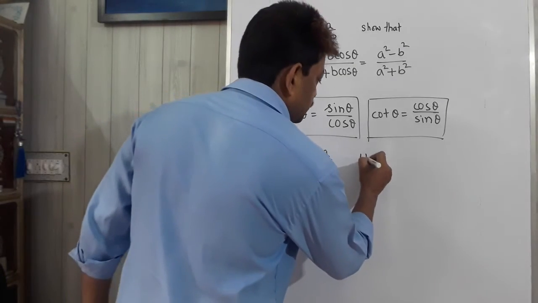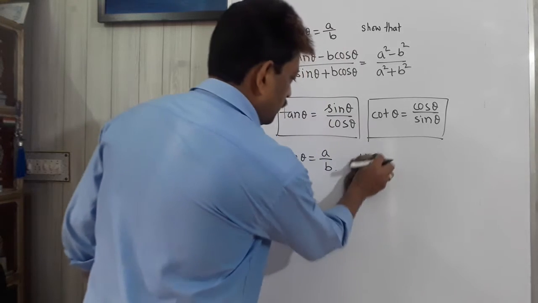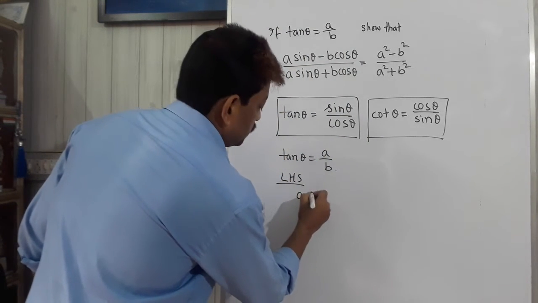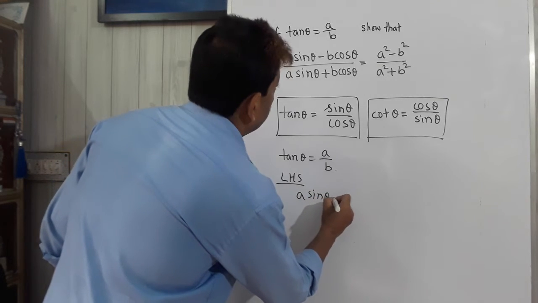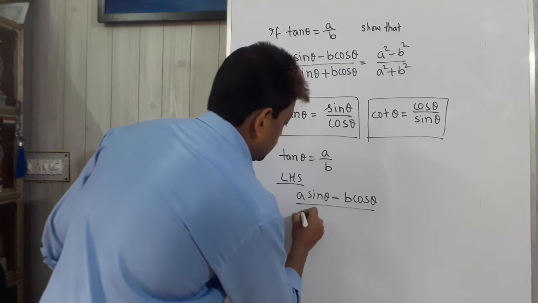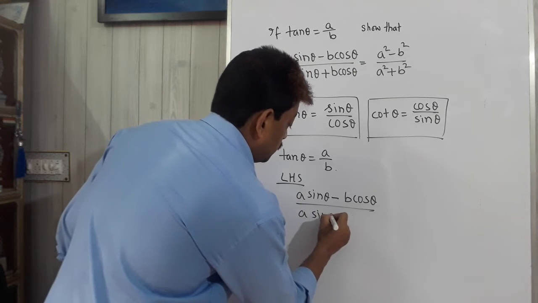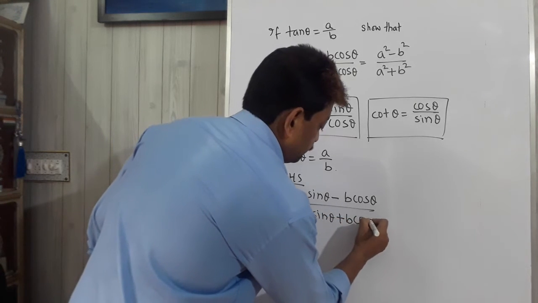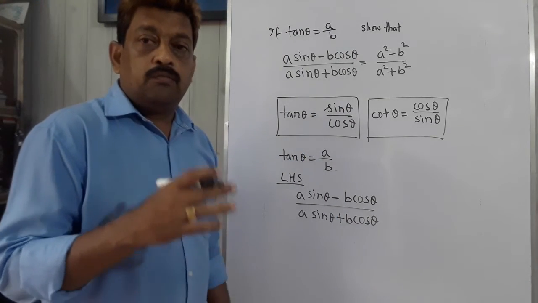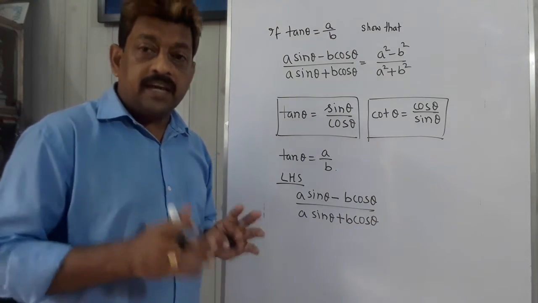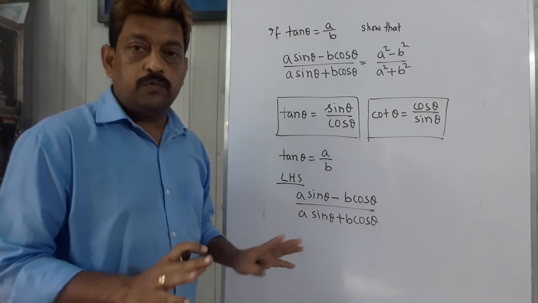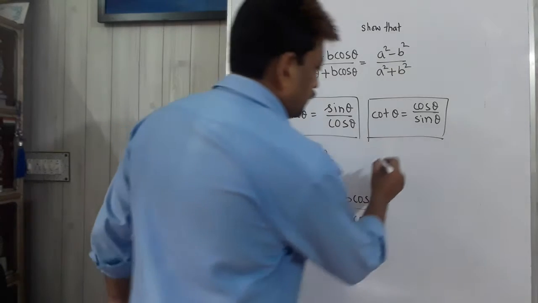Now what is the LHS? The LHS is a sin theta minus b cos theta upon a sin theta plus b cos theta. Now let me divide both numerator and denominator by cos theta. The whole thing to be divided by cos theta.